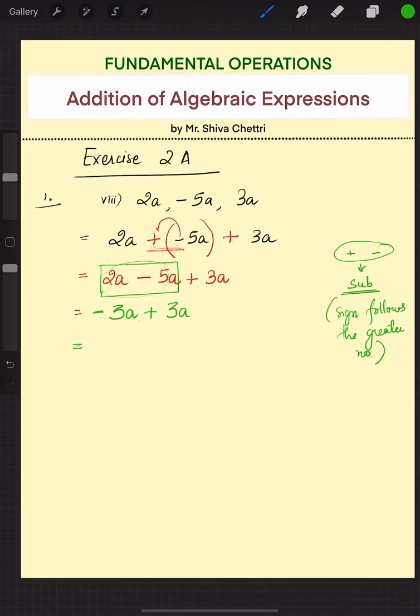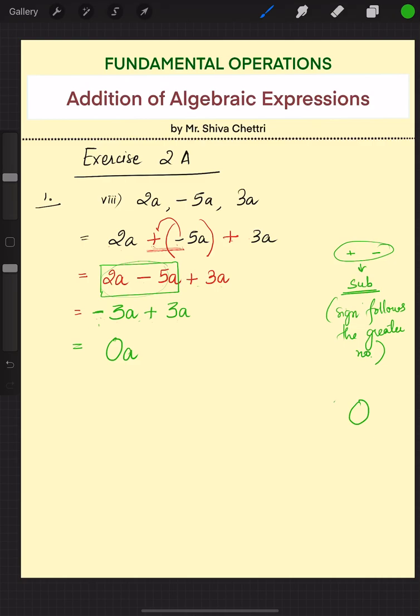Minus and plus, what will you get? Minus and plus, what will you do? You will again subtract. So minus 3a and plus 3a. Okay, so minus plus is minus. So 3 and 3, if you subtract, what will you get? 0. So 0a, and sign follows the greater number, but both the numbers are same. 3a and 3a, minus and plus is minus, right?